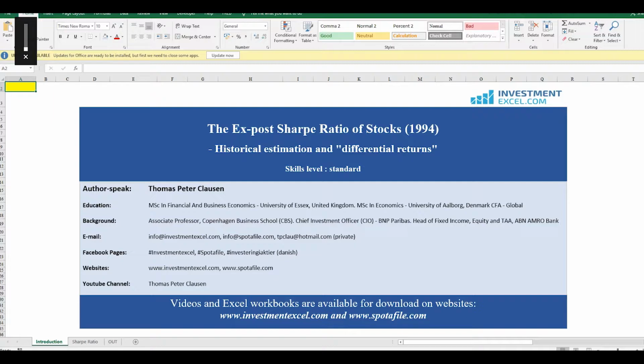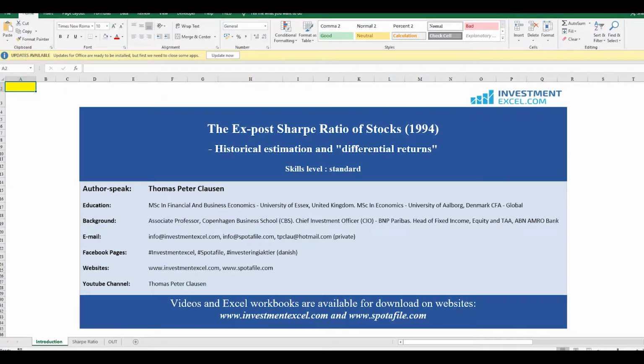The ex-post Sharpe ratio, on the other hand, measures the historical performance or risk-adjusted return of a risky asset or a mutual fund.